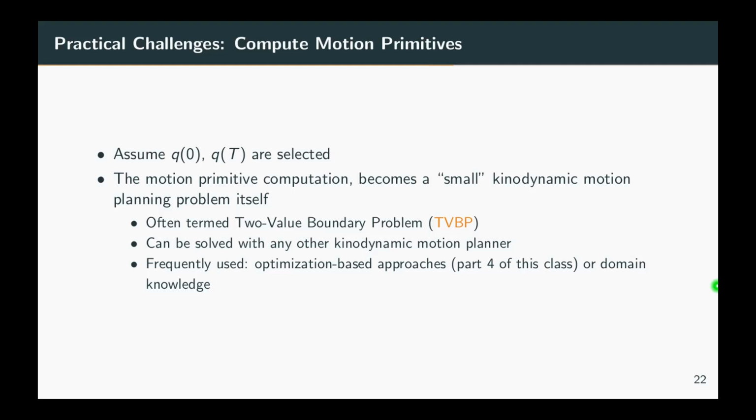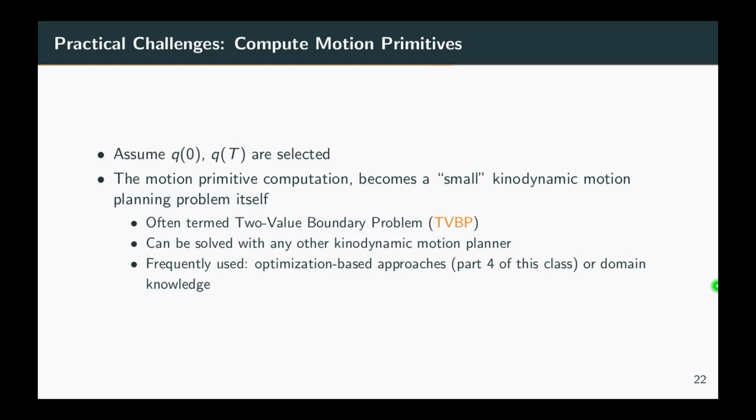Then the motion primitive computation is actually just a small kinodynamic motion planning problem, as we have defined in the very first lecture, with the only slight difference that we don't have any obstacles in the workspace. So the workspace is empty. And so often we also call that a two-point boundary value problem, or TPBVP. And we can, in principle, solve it with any other kinodynamic motion planner, maybe even with search-based with smaller primitives, but it becomes a bootstrapping issue, of course.